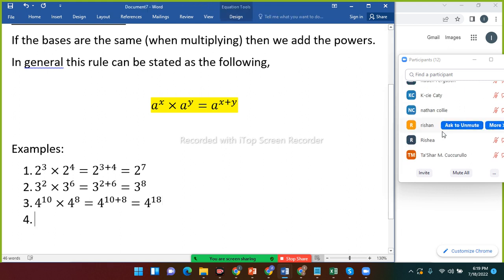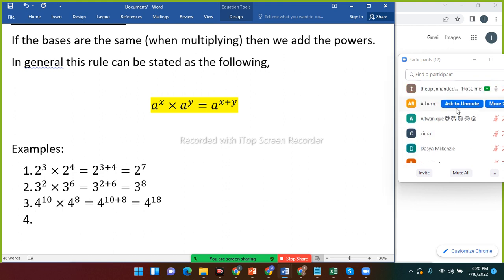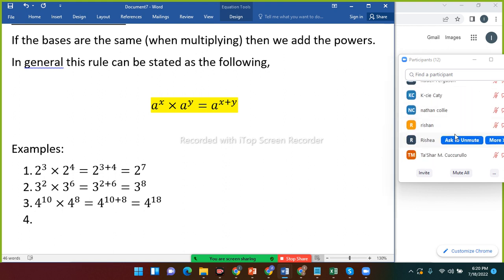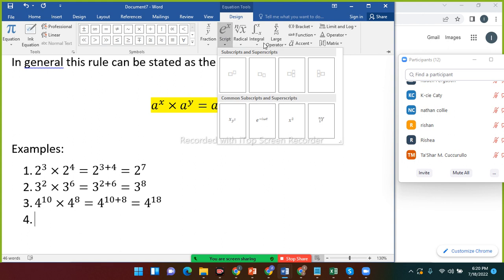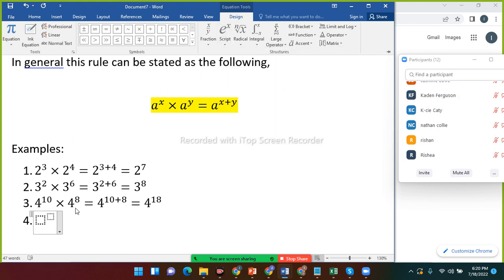We could ask Tasha, Miss C, are you able to help us? Miss C, are you here?